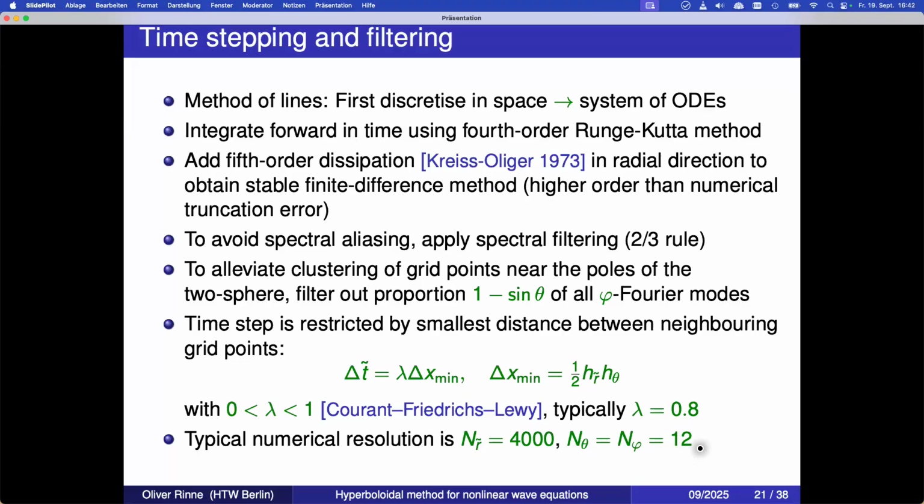So this is why I sort of get away with this angular resolution. And of course, if you go beyond radial symmetry, these simulations are very expensive computationally, and so you need to see what you can get away with, especially if you want to do tails, which require a very long runtime.